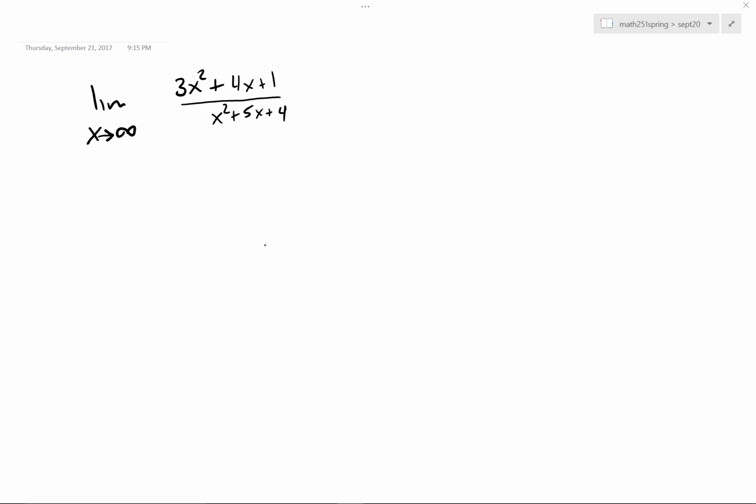What happens to this thing as x heads towards infinity? Okay. Well, one might astutely realize that as x gets huge, these pieces right here don't mean much anymore.